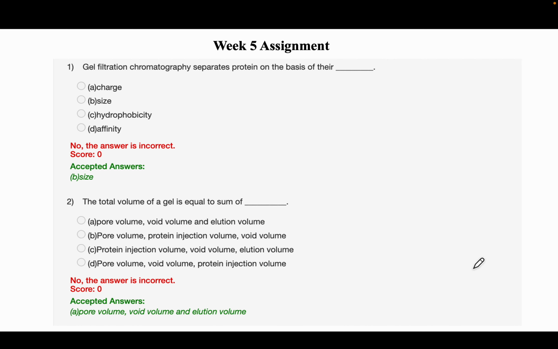So today we'll be discussing the week 5 assignment, which is related to gel filtration chromatography, which you have already submitted. In the previous class I discussed multiple questions from previous year assignments and this year's assignment, and from those discussions it will be easier for you to solve these questions, because they are very similar to previous year assignment questions.